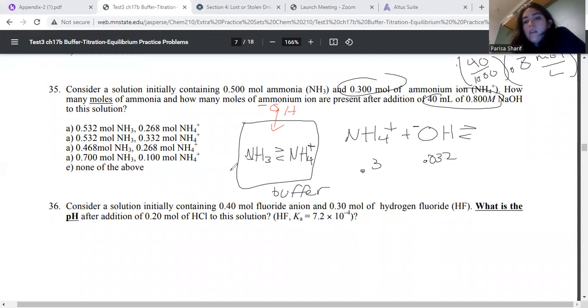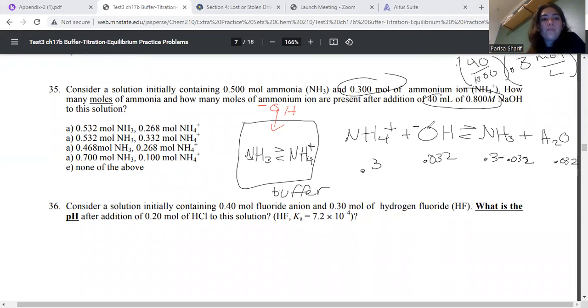So now, since the OH minus is our limiting reagent, we're going to get NH3 equal to 0.3 minus 0.032, and then plus H2O equal to 0.032, right?